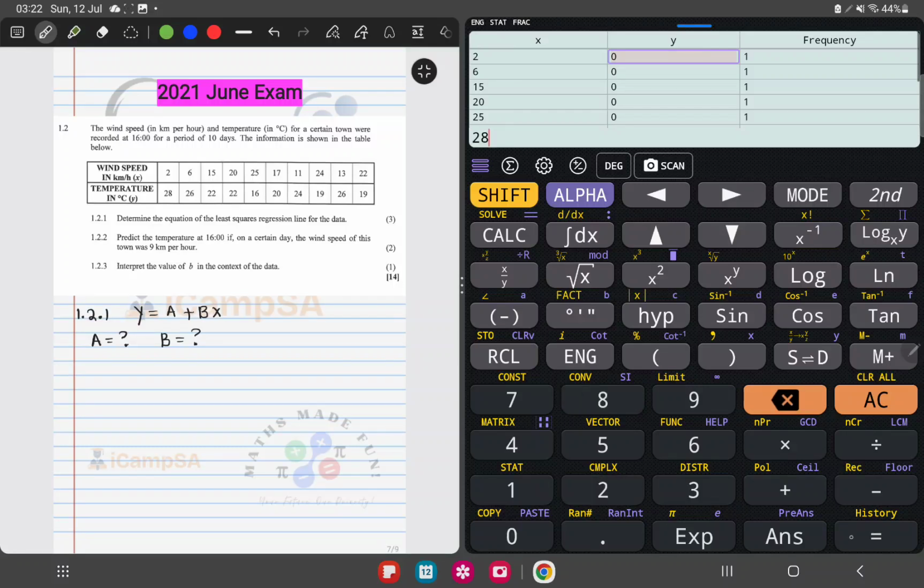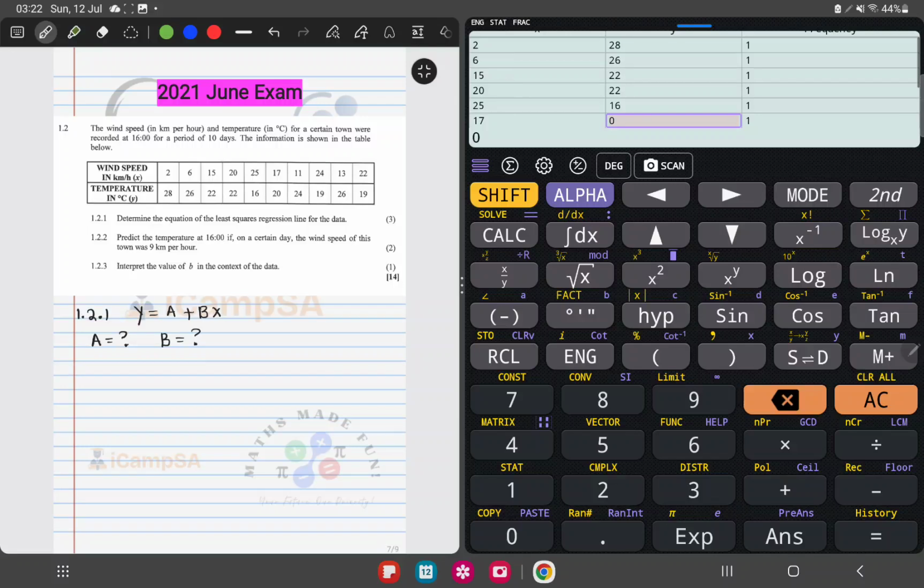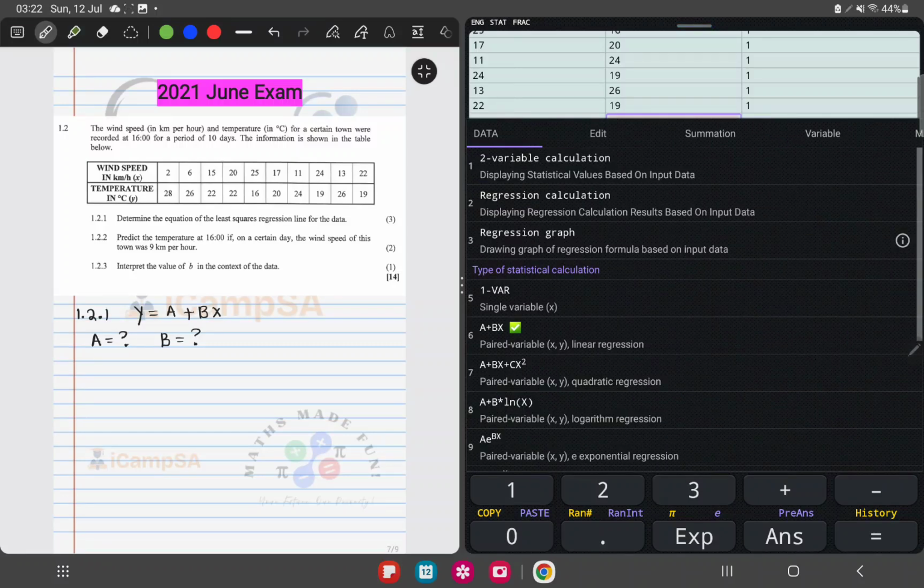So that is 28, 26, 22, 22, then 16, then 20, then 24, 19, 26, and 19, right?